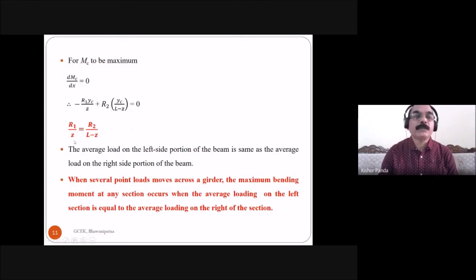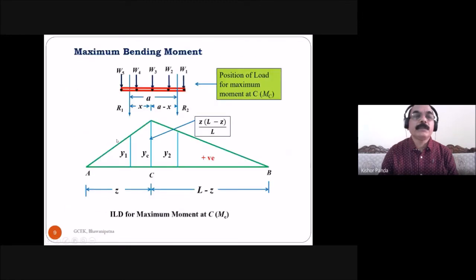After simplification, you will get R1 by Z is equal to R2 by L minus Z. R1 by Z, this is the total resultant. In this situation, you will get the maximum bending moment.